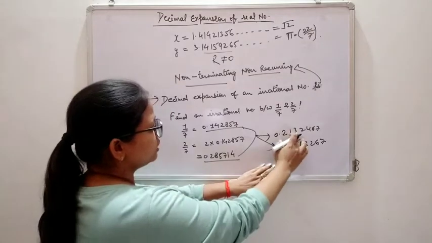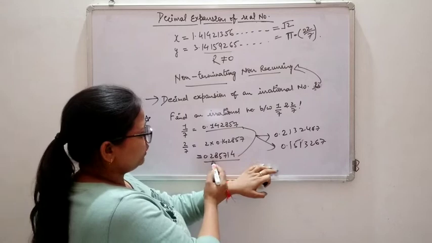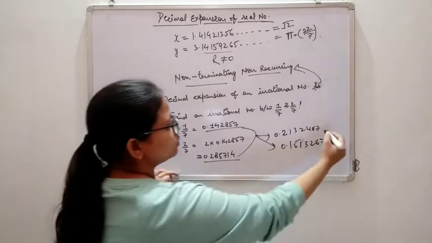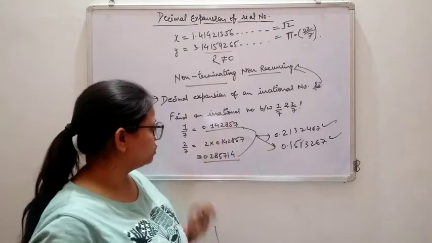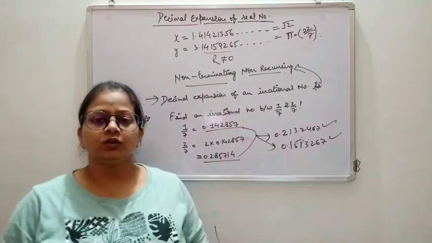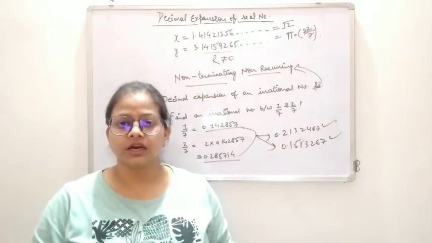So these values are between 0.142857 and 0.285714. So these both are valid. So you can take any value between these two. Alright, so let's try to solve some more examples of exercise from NCERT.